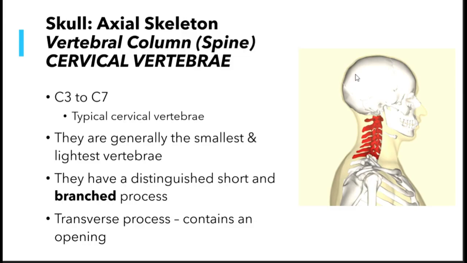When we say marking, it is the special feature of the vertebra in that region. So for cervical vertebrae, you have your foramina as the special marking. The foramina is where the vertebral arteries pass through on their way to the brain.